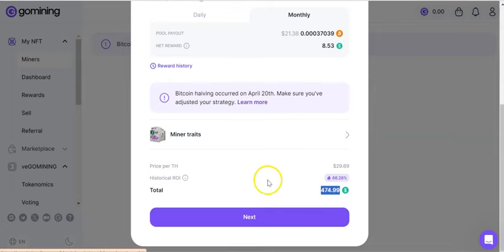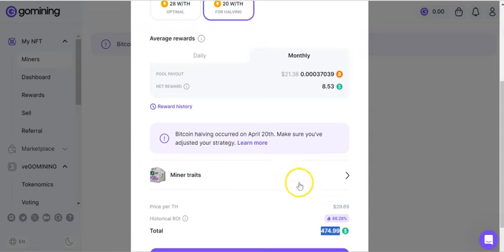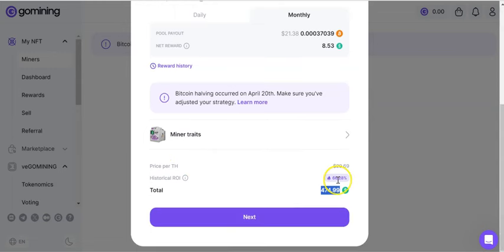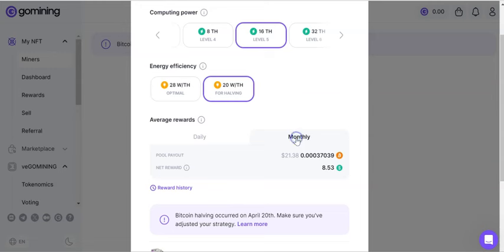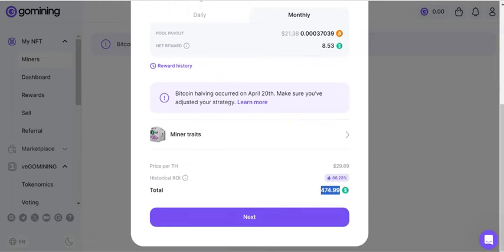So that is a lazy man's way of making money out of this. You are paying 29.69 per terahash, and you're making 8.5 on a monthly basis. If you multiply that on a yearly basis, that should give some good profits.